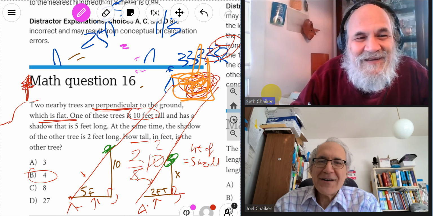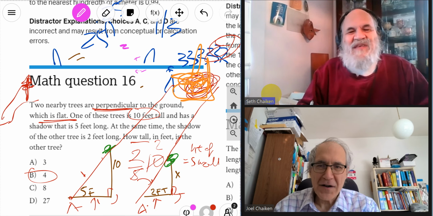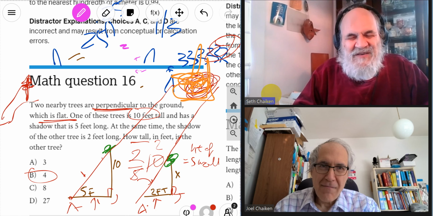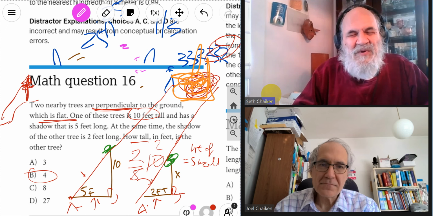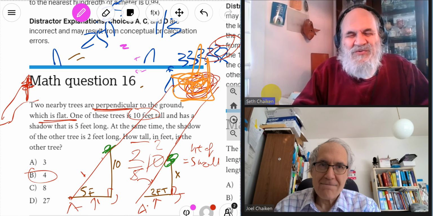That would add complications to the thing. So they explain that there are no complications, so that the simple model of similar right triangles applies, and now it leaves you to apply the model and solve the problem.